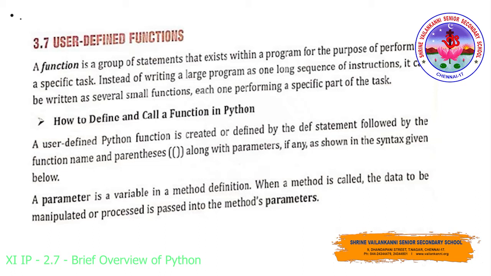Usually we call functions the building blocks of a program, because without functions a program cannot be complete at all. A function plays a major role in programming. Many building blocks already exist within the program, and you make use of them, because these functions are predefined, like your int function, input function, and print function, which we have discussed so far.